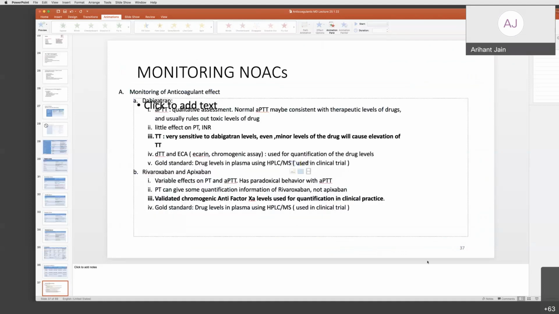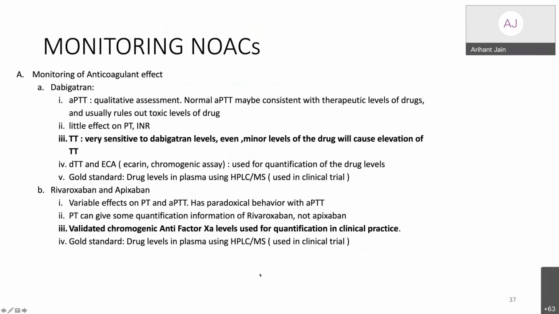Next, coming to monitoring of these drugs. For Dabigatran, you have to know that your usual PT and APTT are not going to help in monitoring of NOACs. This is one thing we need to remember.